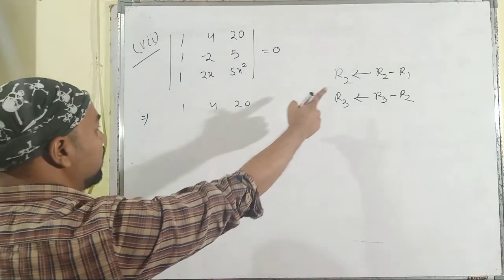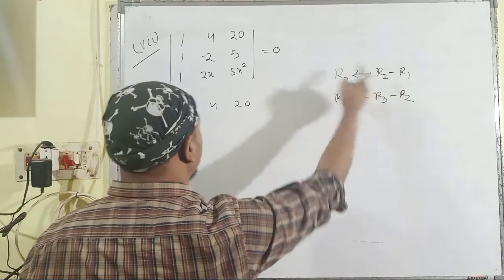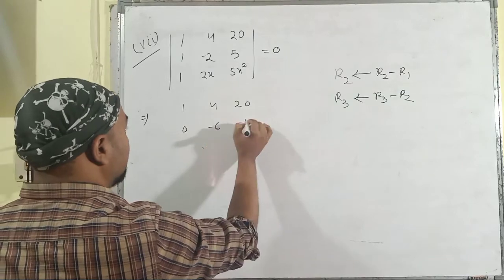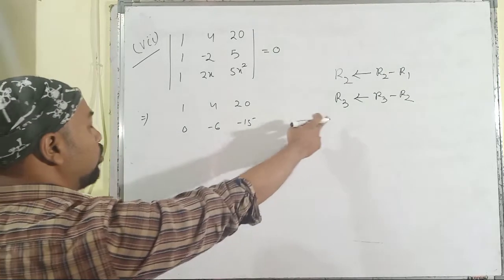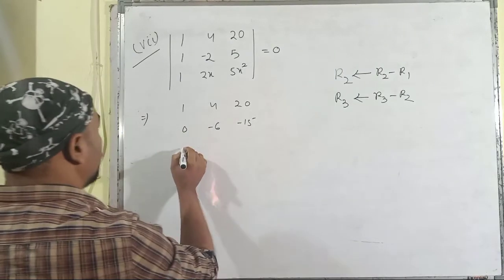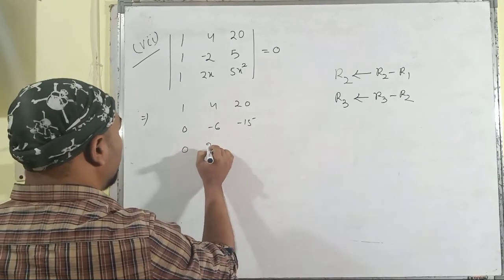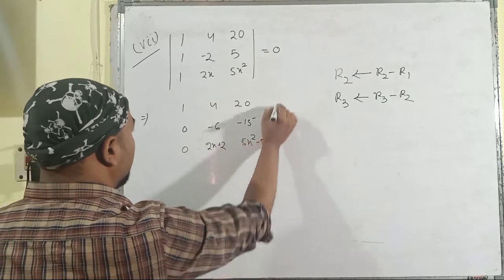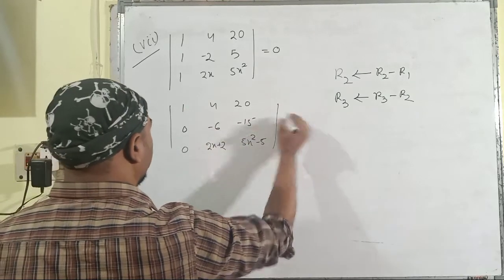Then row 2 will be changed by using this condition row 2 minus row 1. So it is 0, it is minus 6, this is minus 15. Then row 3 is changed by applying the condition row 3 minus row 2. So here it is also 0, 2x + 2 and 5x² - 5, and this is equal to 0.